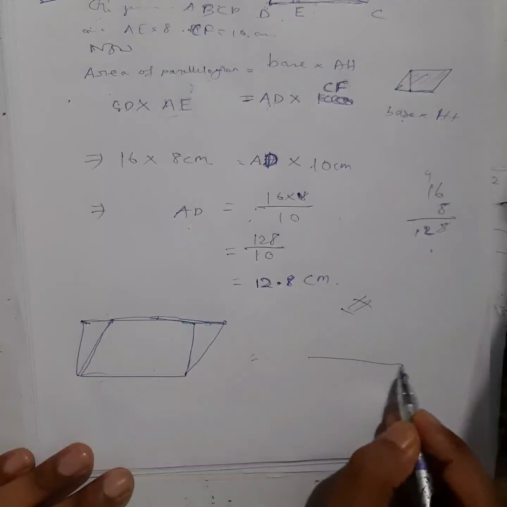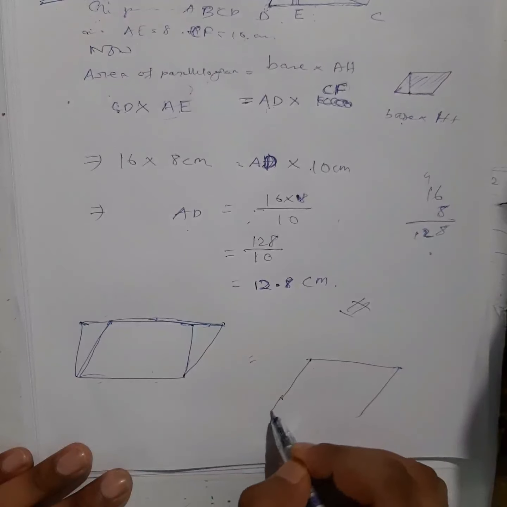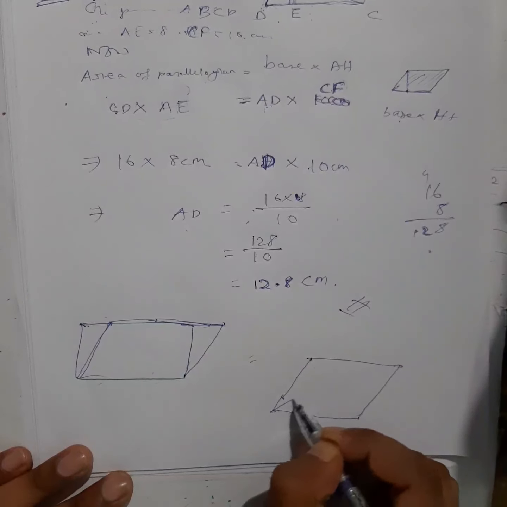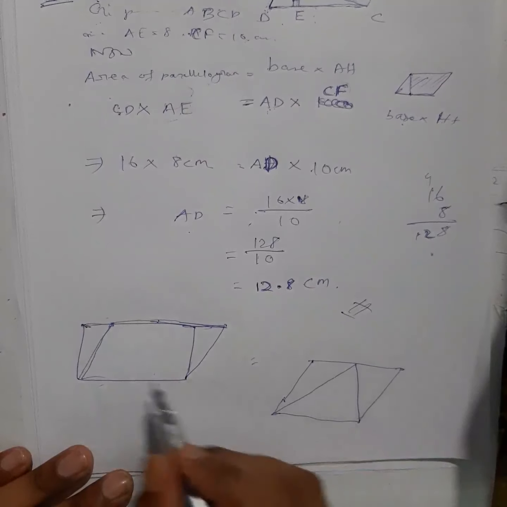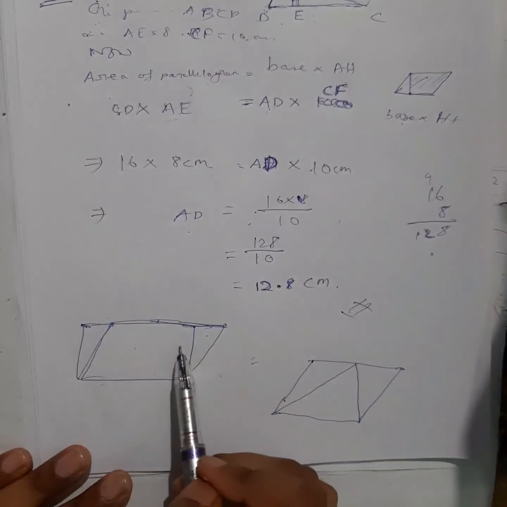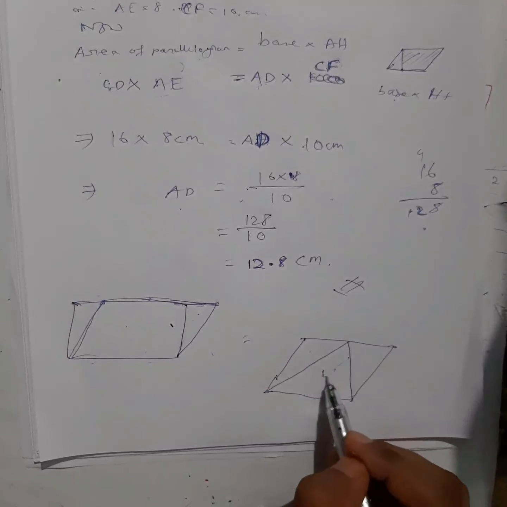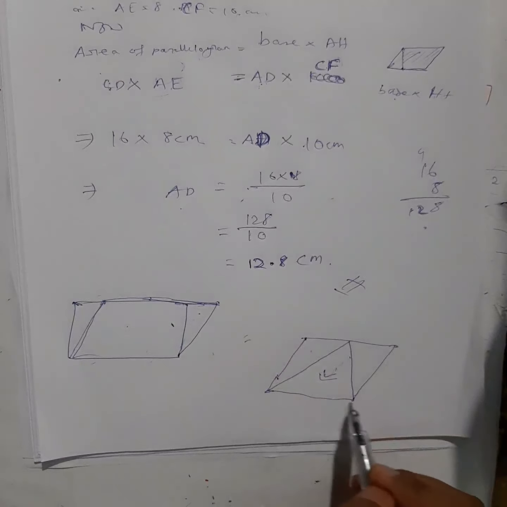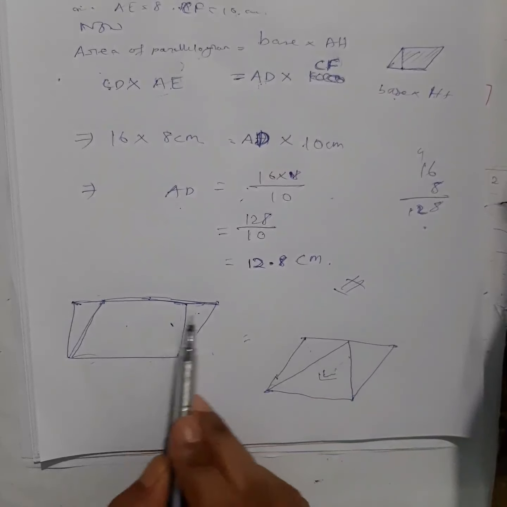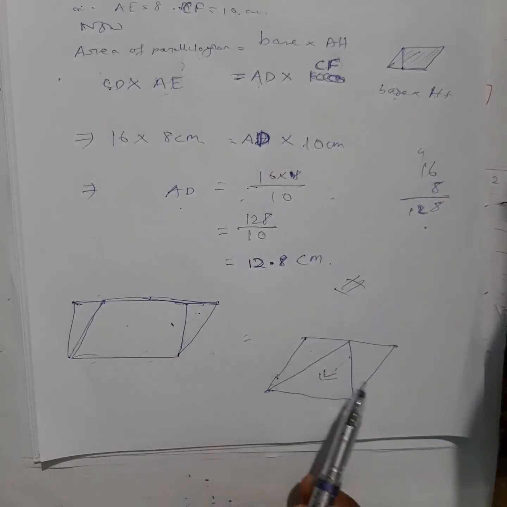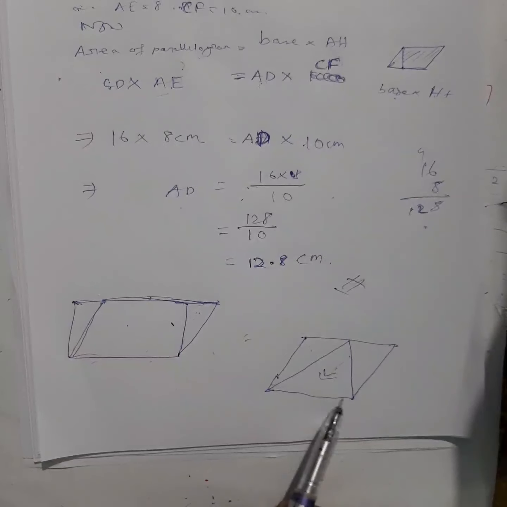In the same way, if you have a parallelogram and a triangle, then remember the area of the triangle will always be half of the parallelogram. In the first case both parallelograms have the same area, and in this case the triangle's area will be half of this one.